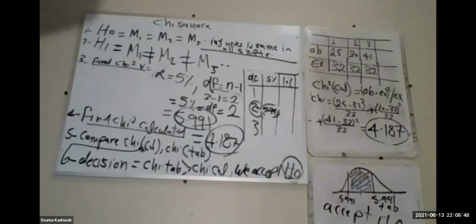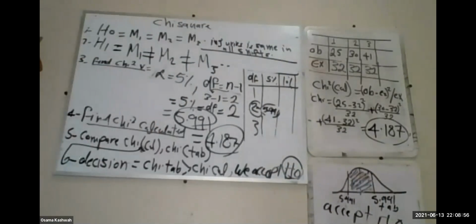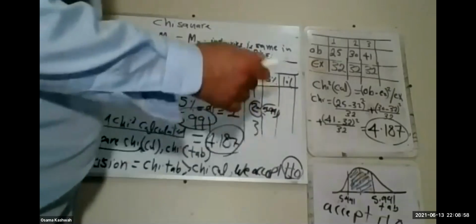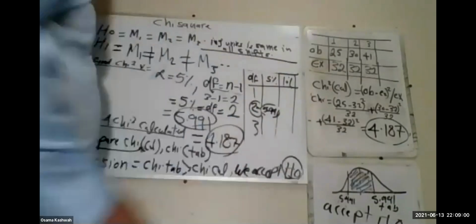As long as it's in the acceptance area, we will accept H0. Like here in the curve, you should also draw it, because the calculated is inside the tabulated, or in other words, the tabulated is greater than the calculated.